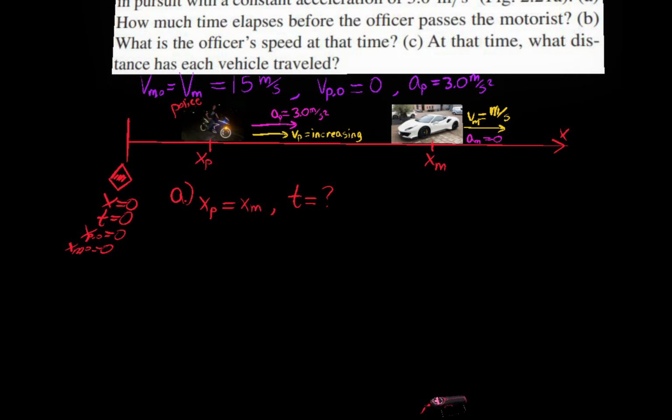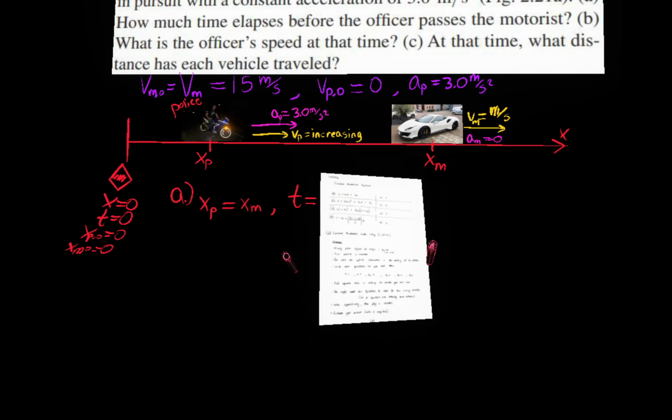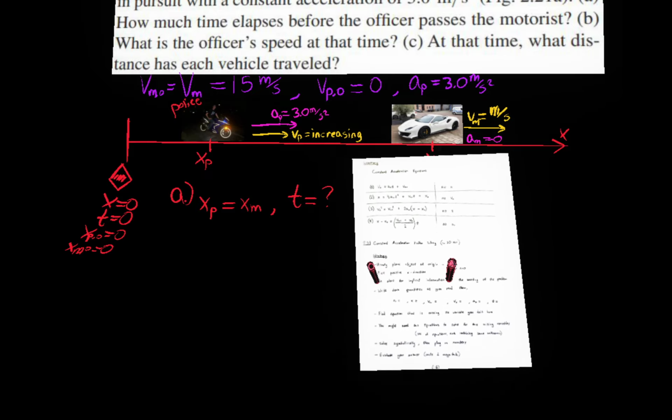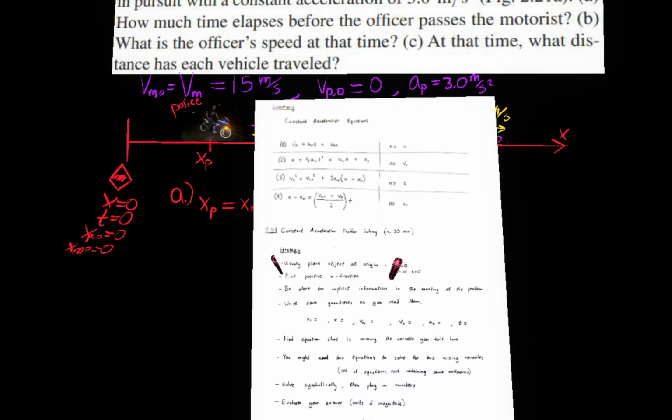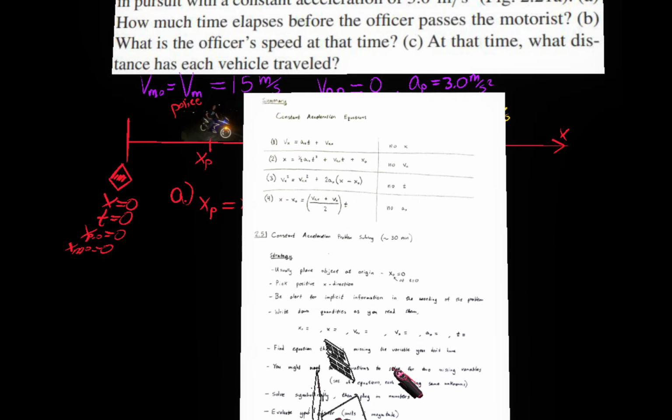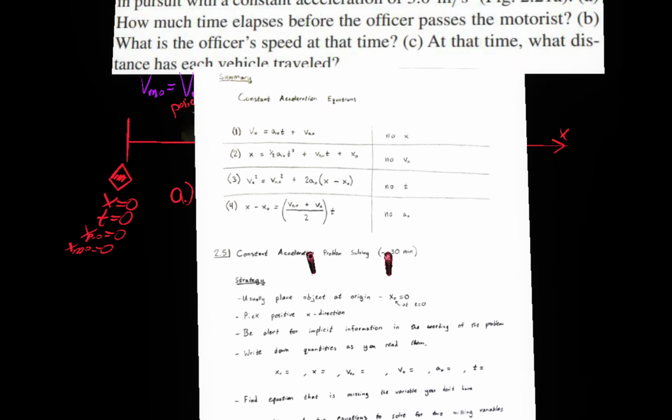All right, so which equation should we use? Or could we use? So we want to know t. That's the variable we are curious about. And we have some other variables going as well. Which equation should we use?